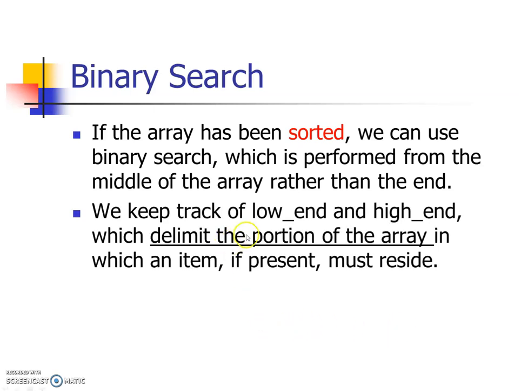Because we know it's sorted, if we look into the middle of the array, we can understand whether the value of x is going to be on the left side or on the right side of the array. We will be able to minimize the search: if it's on the left side, we don't need to search on the right side.